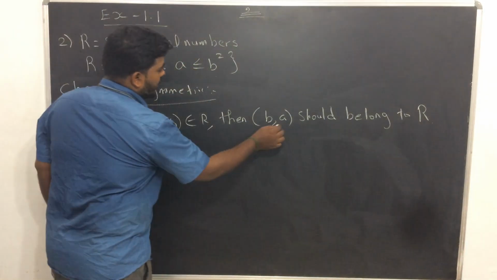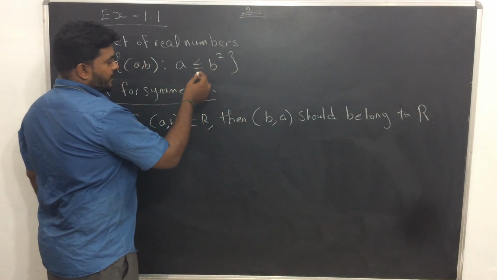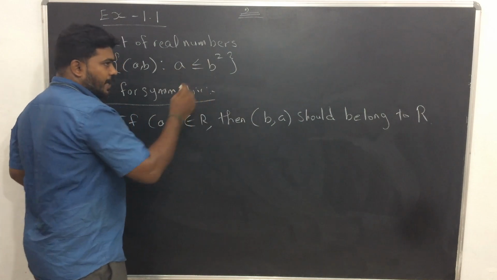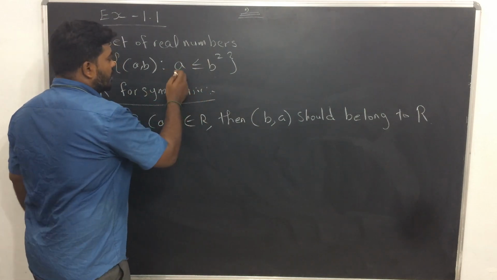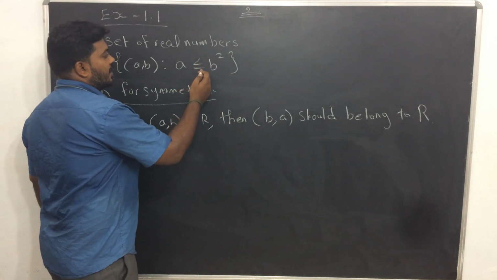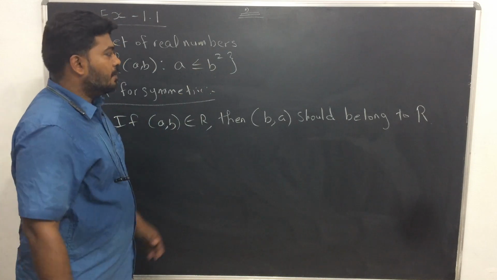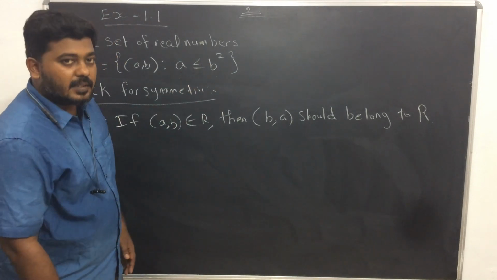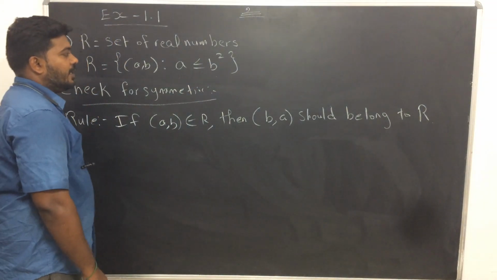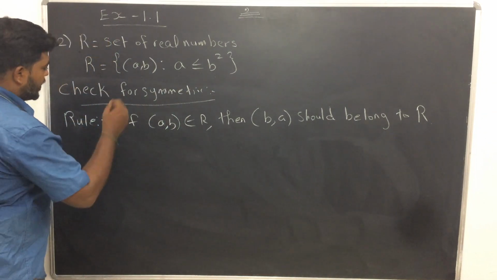Then, for (b, a), the pair reverses. So, 2 is less than or equal to 1 squared, which means 2 is less than or equal to 1. But 2 is greater than 1. So this proves this relation is not symmetric.